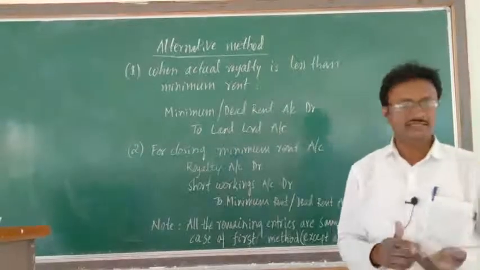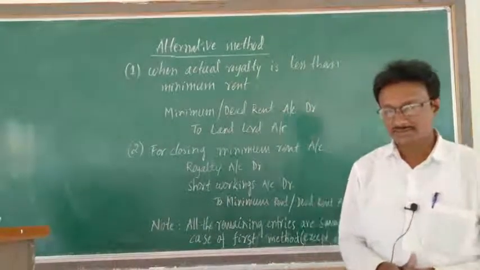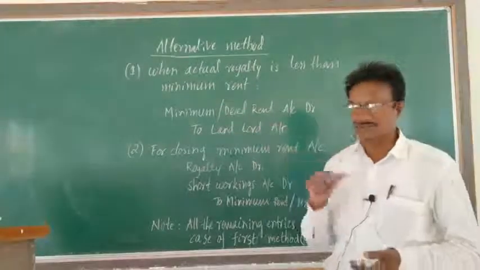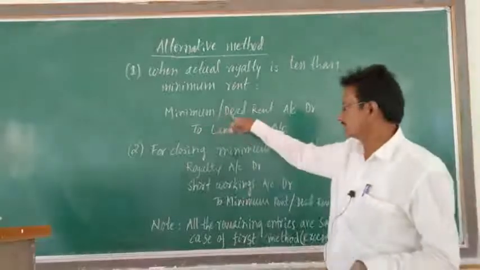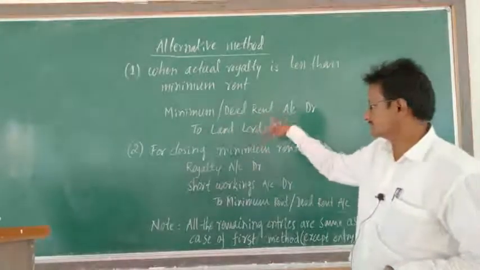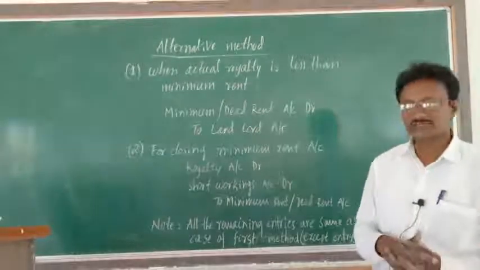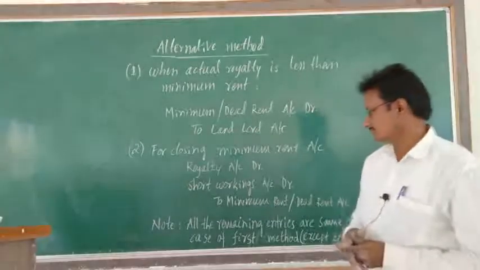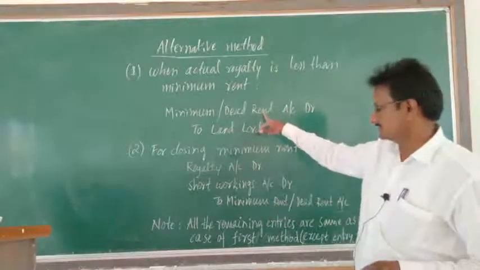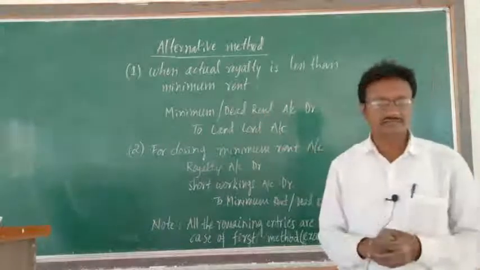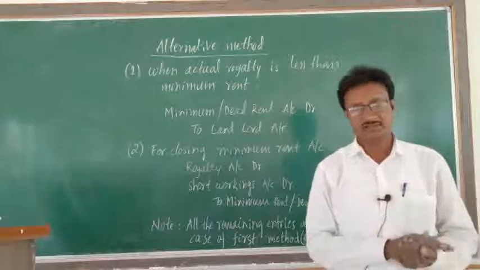So when the royalty is less than minimum rent, we have to debit, because the minimum fixed amount is payable to landlord. So minimum rent or dead rent account is debited and landlord account is credited. And for closing minimum rent account, we have to give credit to minimum rent account. Here first minimum rent account is debited and next it is credited. That means the minimum rent account gets cancelled or closed.